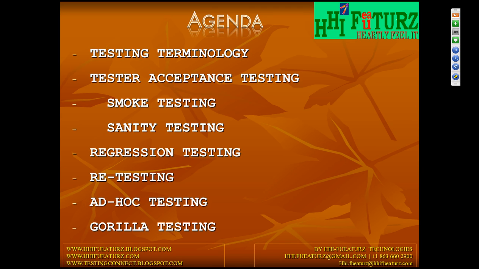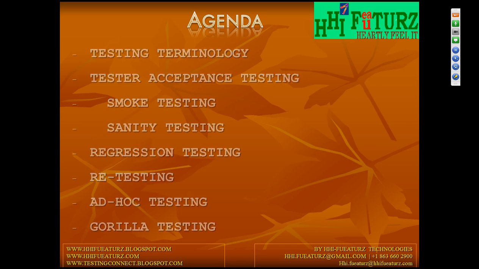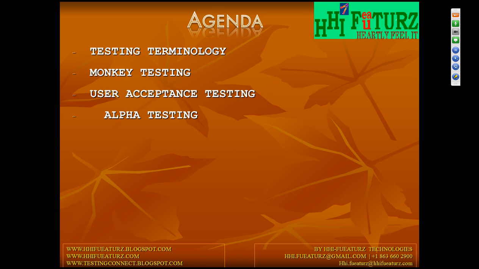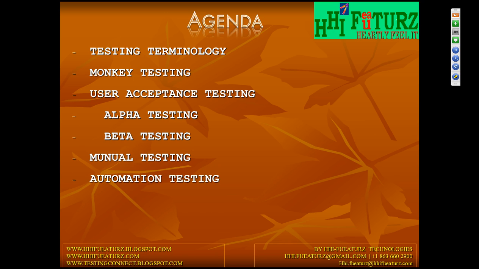Again, under build acceptance testing, subtopics will come up like smoke testing and sanity testing, and then user acceptance testing. Again, under user acceptance testing, subtypes will come across like alpha testing and beta testing, then manual testing, automation testing. Not only these types of testing you will come up with, other testing types we already discussed a few, if you remember.